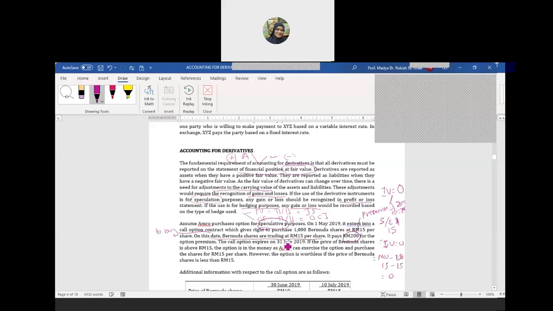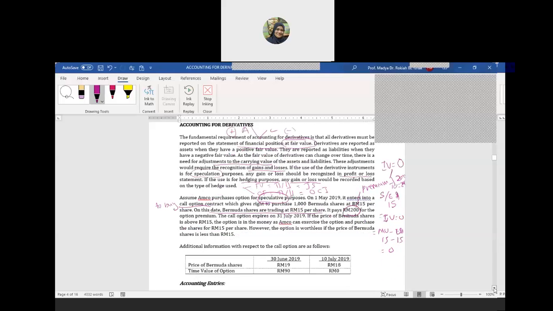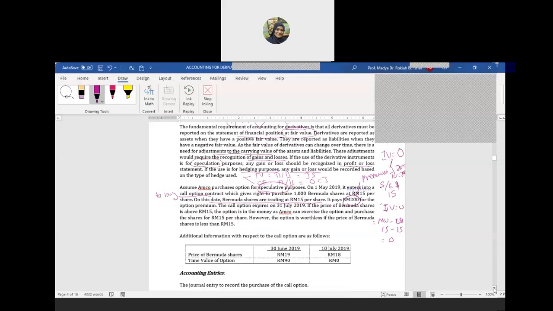The call option will expire on 31st of July. If the price of Bermuda shares is above 15, if the market value is more than 15, then we say the option is in the money, and AMCO can exercise the option.